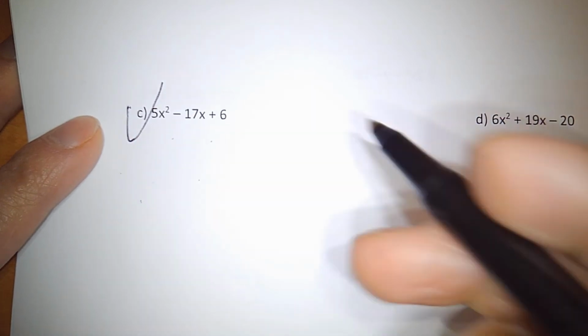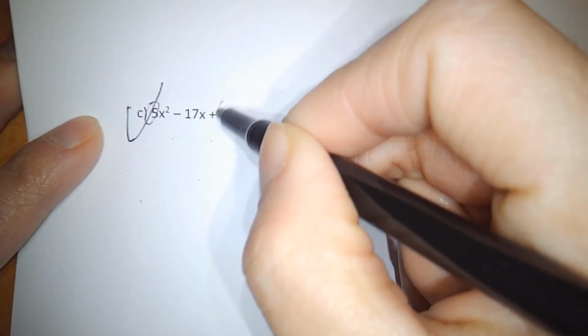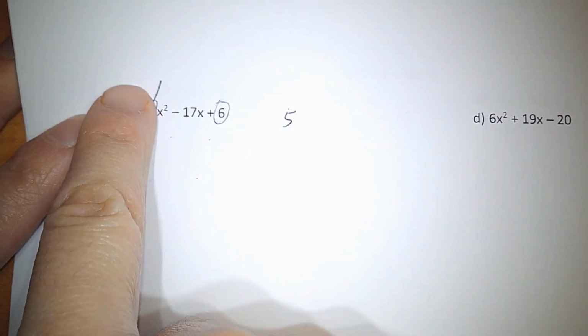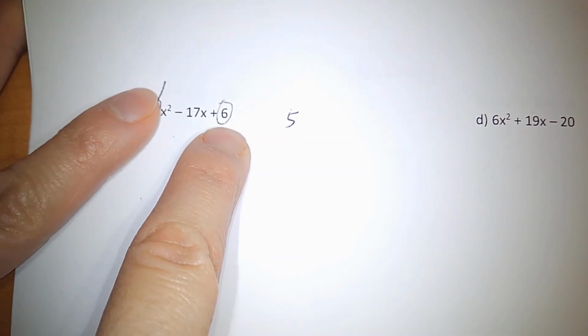So how do we factor this? We're going to multiply a by c. Remember, if capital A is 1, we don't have to multiply a by c; we just use c directly and factor c.